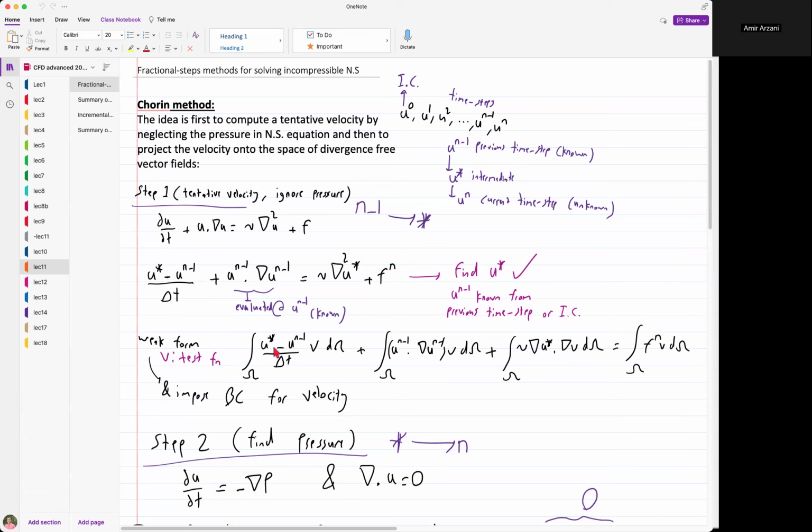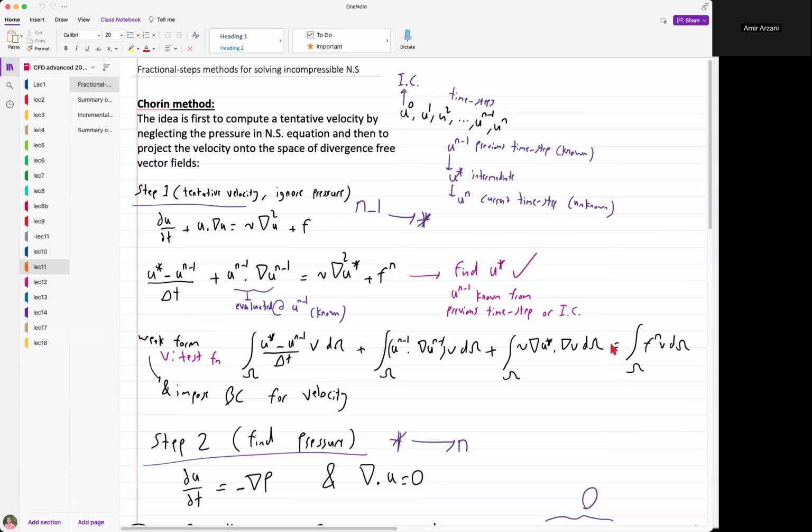To derive the weak form, the test function is V in our notation here. We multiply both sides of this equation by V. We leave all terms as they are. We just perform integration by parts on the diffusion term, as you've seen multiple times. So this is what we get. I've taken it to the left-hand side, so that's why the sign becomes positive. And you can impose boundary conditions for velocity.